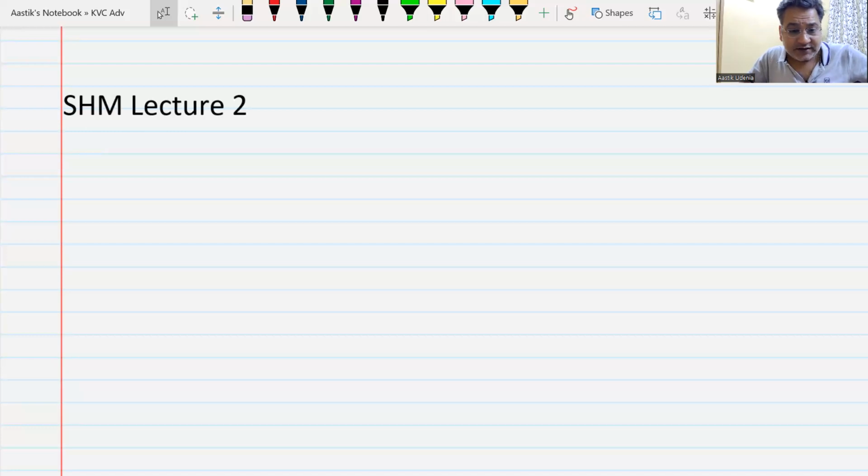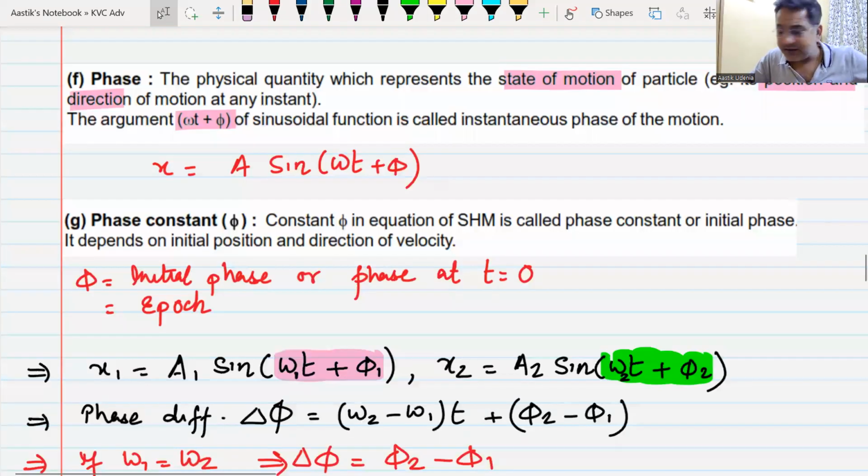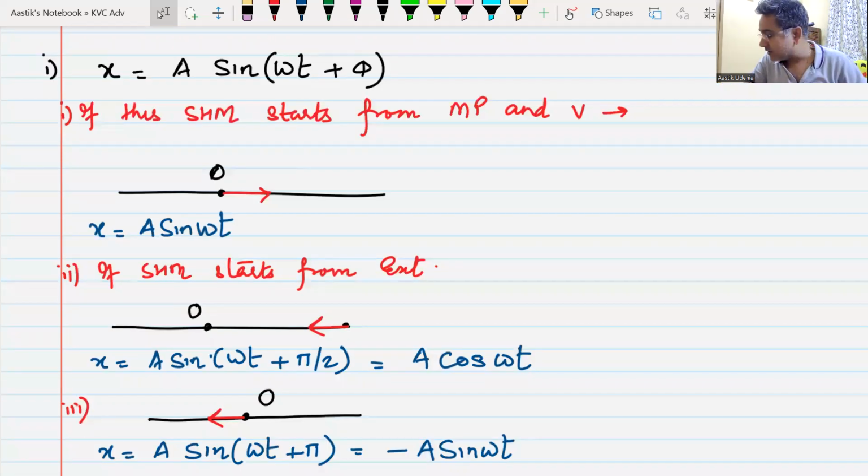In the previous class we had seen what the equation of SHM is, the different ways in which you can write that equation, and the different terms that appear in it, mainly phase difference. We understood how to write the equation of SHM in different ways.